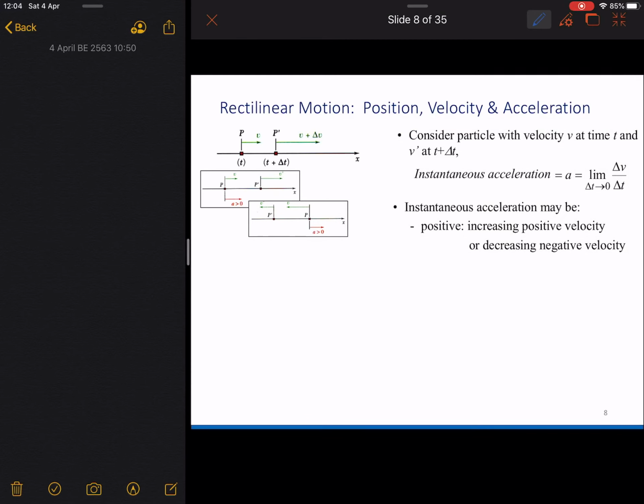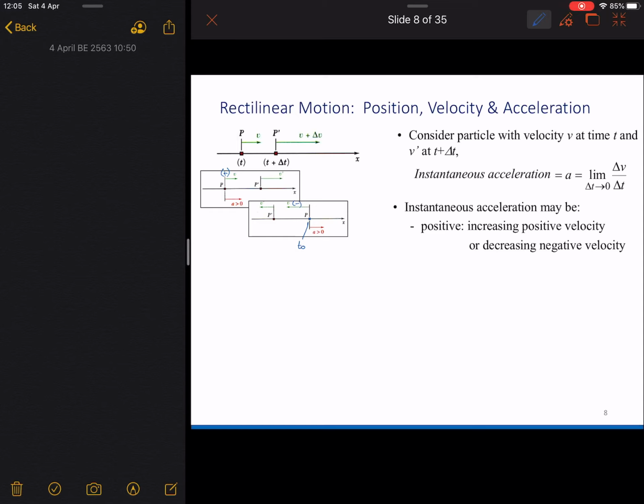If this is t0, meaning time as the origin, and the acceleration is more than 0, but here you can see the velocity is negative. I forgot to mention the velocity in the first phase is positive, so that's why in the next step the velocity is getting more.